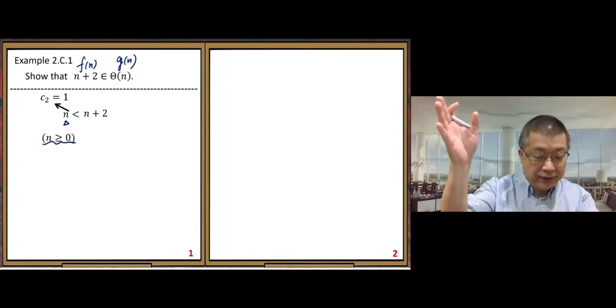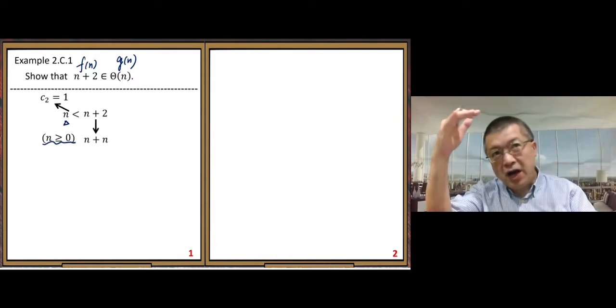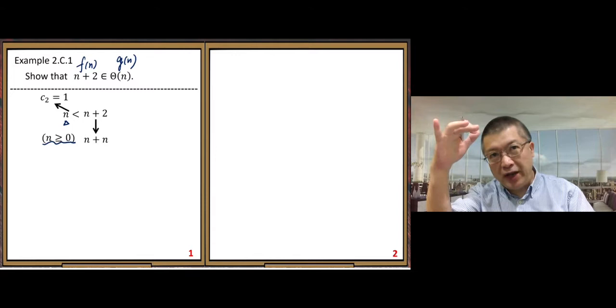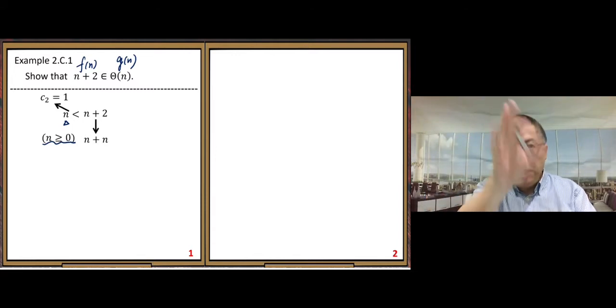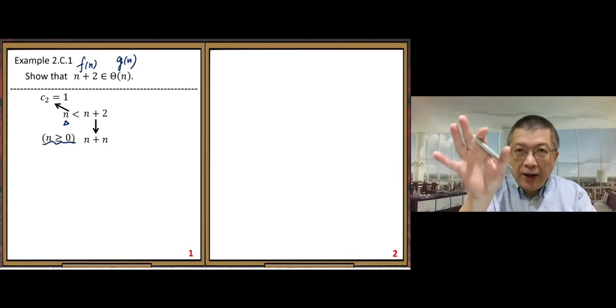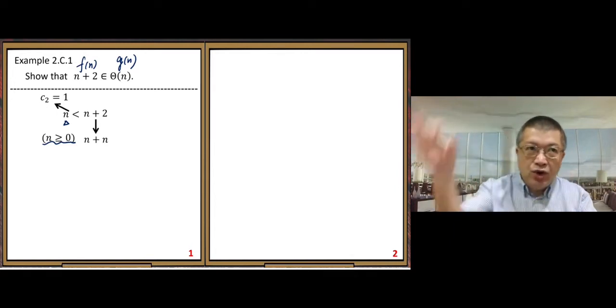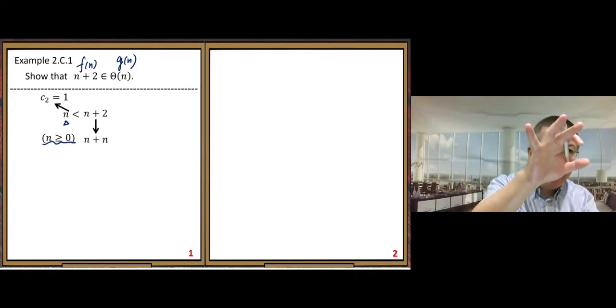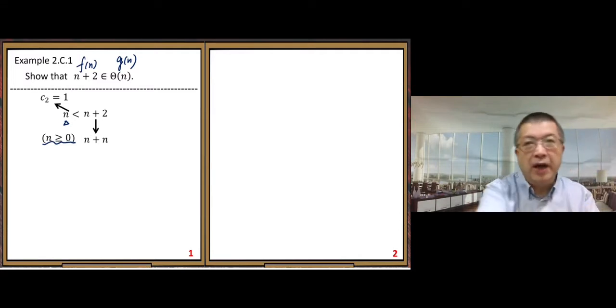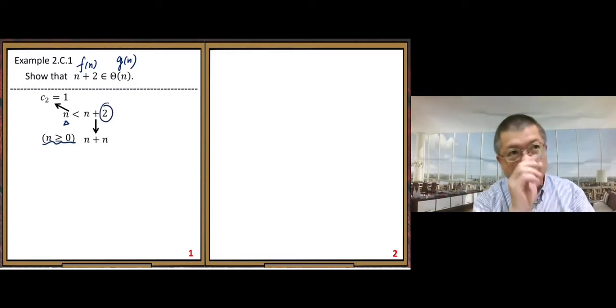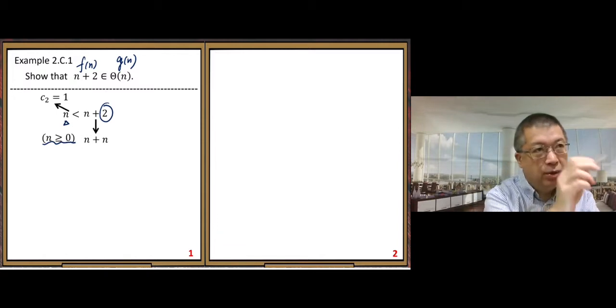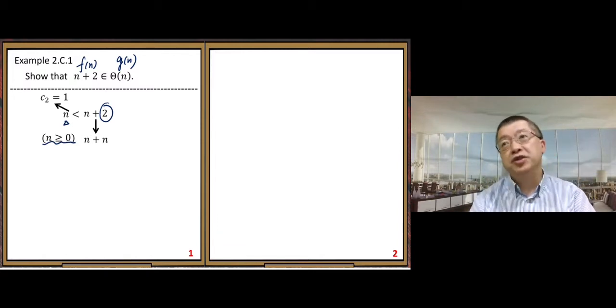Next, we look at the upper bound side. We want to use a constant multiple of n to control f of n from above. In order to get that, we want to replace the constant 2 by a constant multiple of n. Let us use just n.